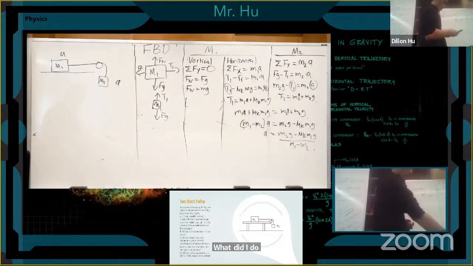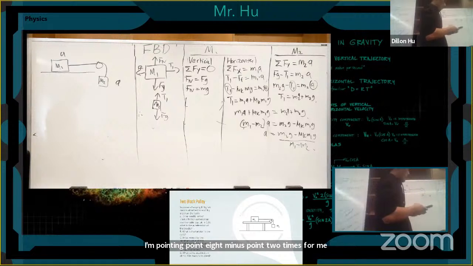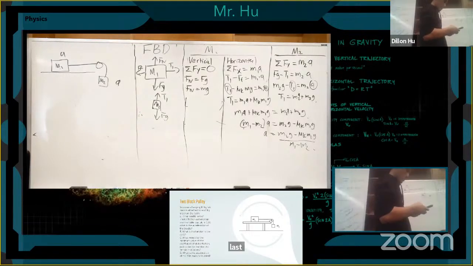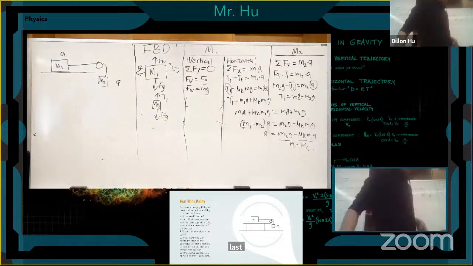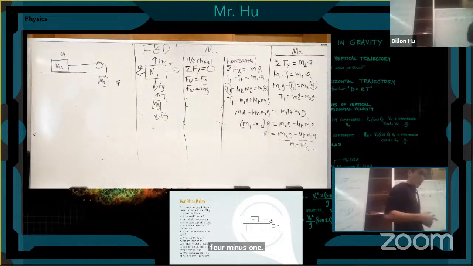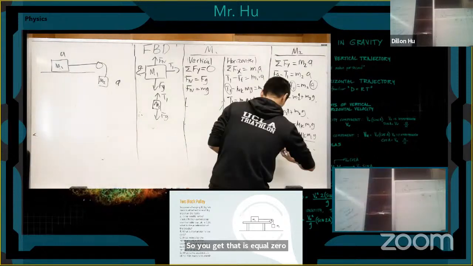Okay, 9.8 minus 0.2 times 4 times 9.8 divided by 1 minus 4. Oh, 4 minus 1. So you get that A should equal 0.65.